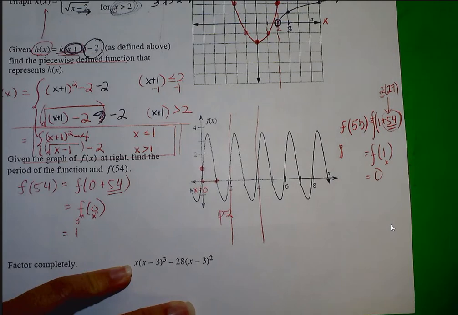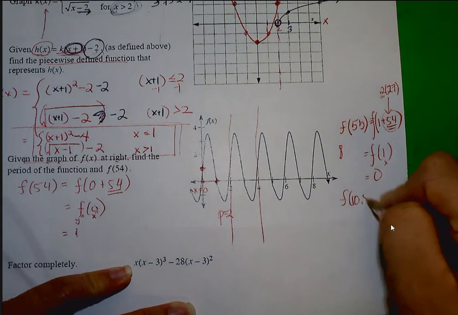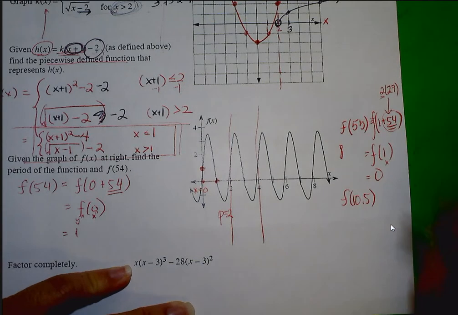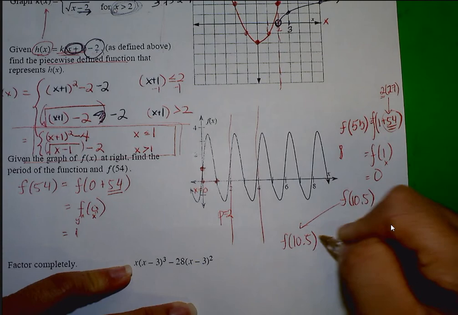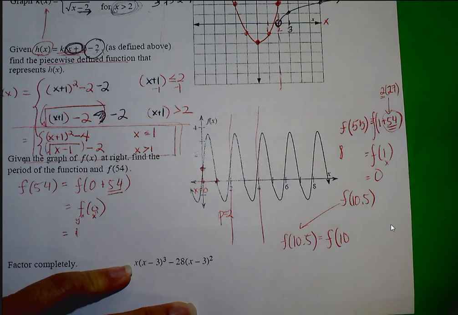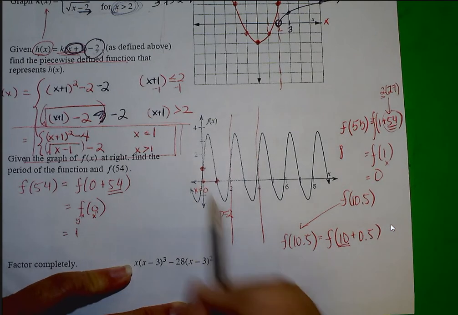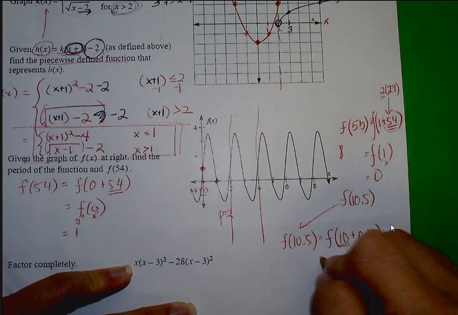Okay. What about this? What's my f of 10.5? Well, 10.5 is the same thing as going over 10 spaces plus 0.5. Does that 10 spaces really make a difference? No, because 2, 4, 6, 8, 10, that's a multiple of 2. That doesn't make a difference since the period is 2.